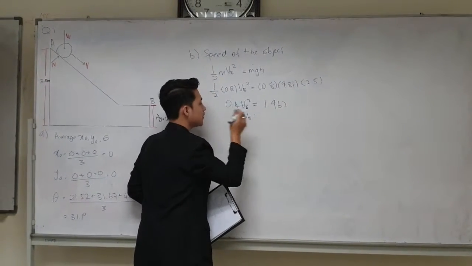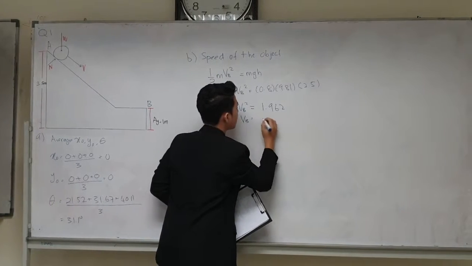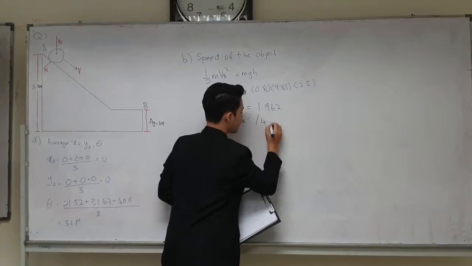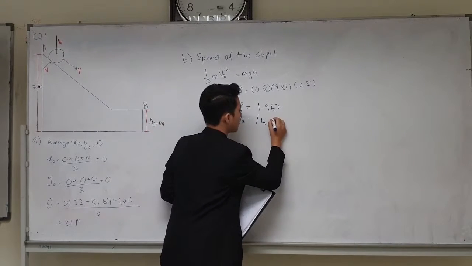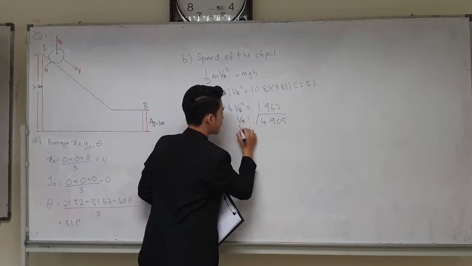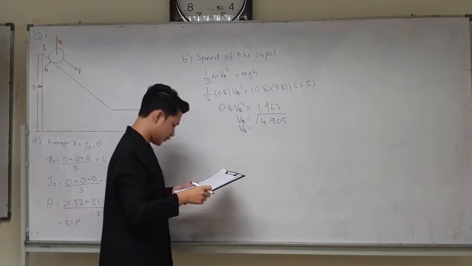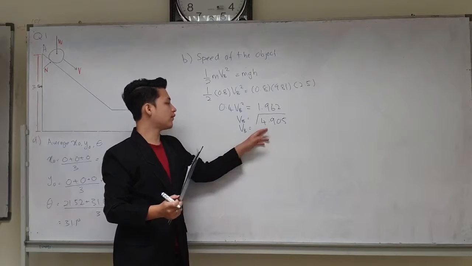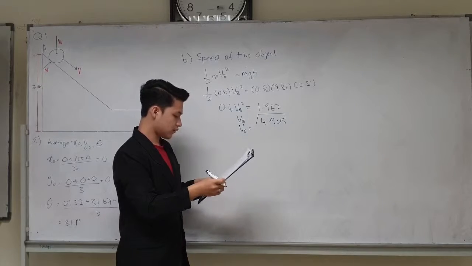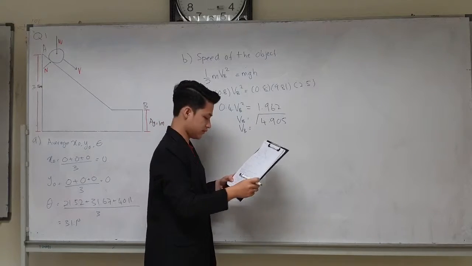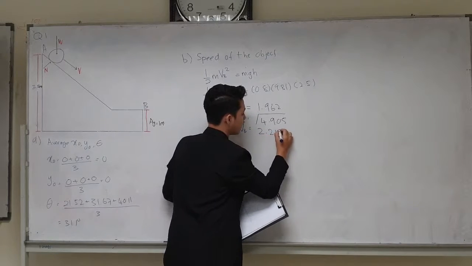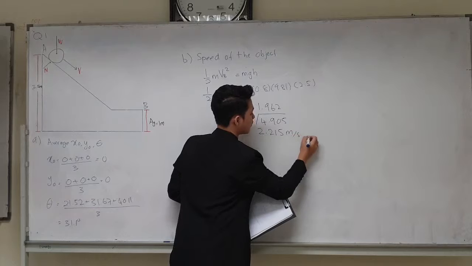We move the power of 2 to the other side and it becomes a square root. When you compute the square root of 4.905, we get the speed of the object, 2.215 meters per second.